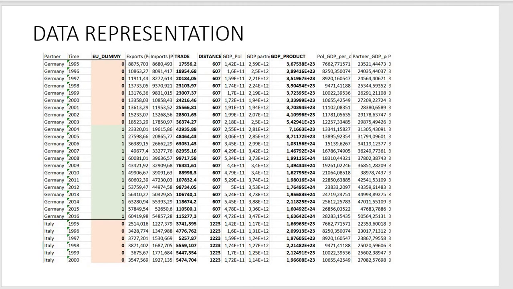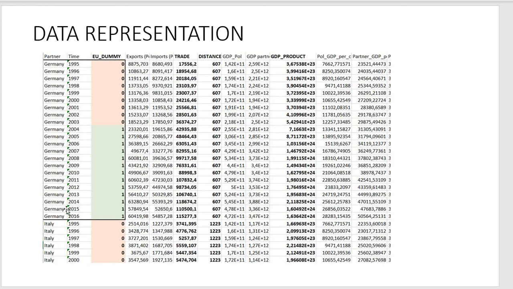Probably I can explain it using this example. So take a look. The European Union was founded in 1993, if I remember this correctly. Germany was a member of the EU in 1995. However, Poland wasn't, because here I treat Poland as the reference country.